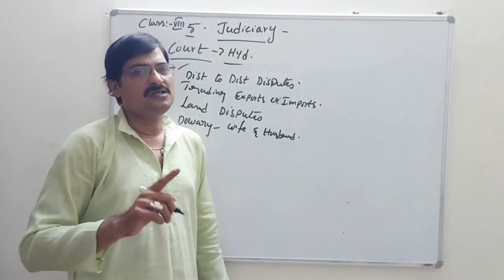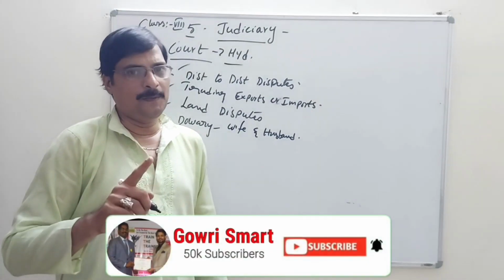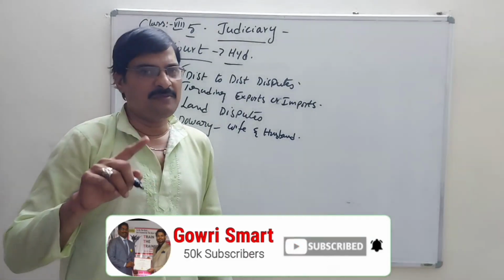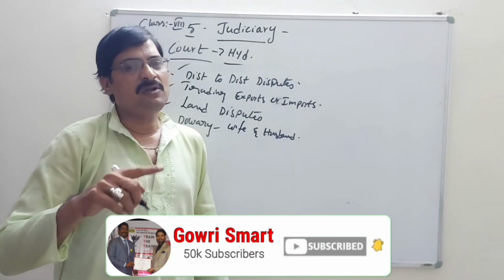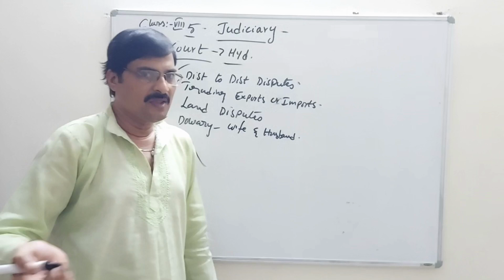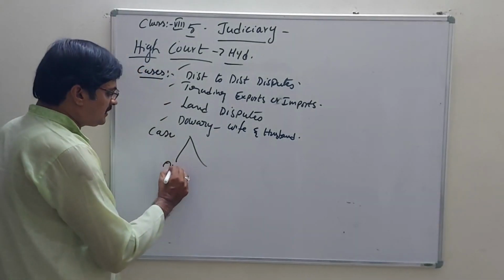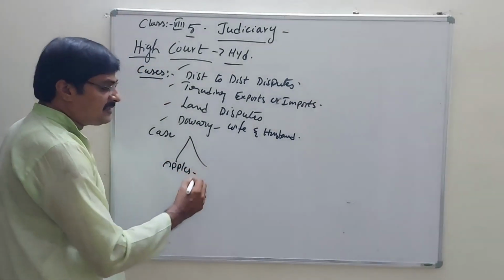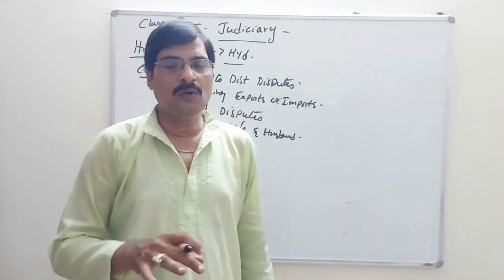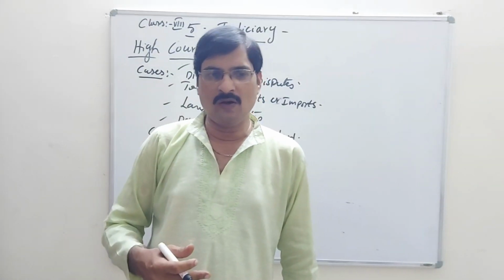FIR means first information report. According to the first information report, the case will go to the further step. So appeals are a very important thing. Appeals mean requesting how the case is going on.